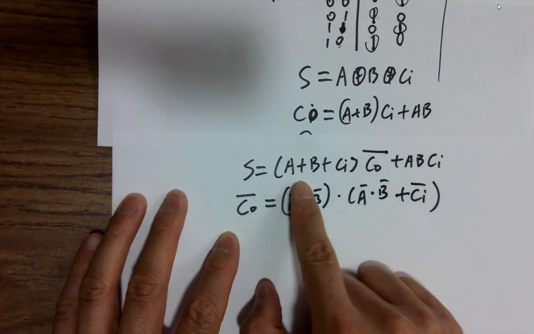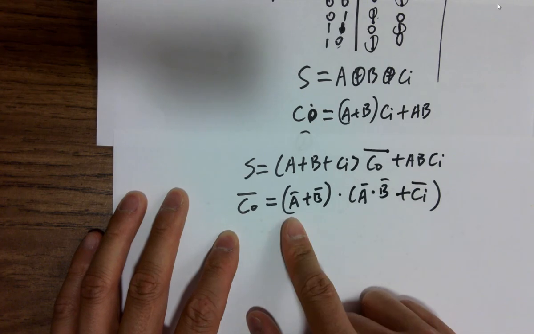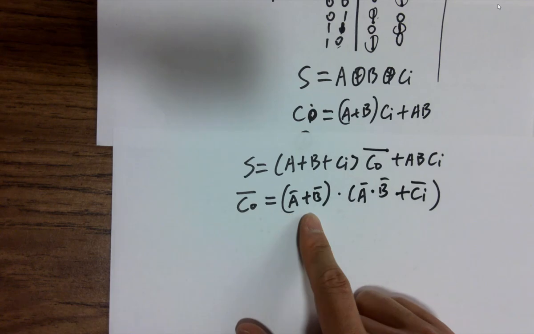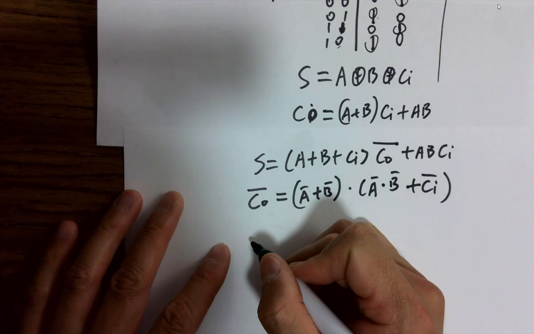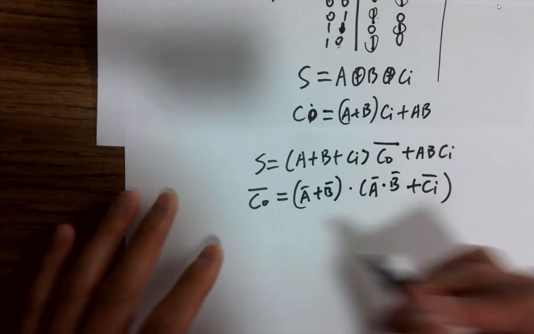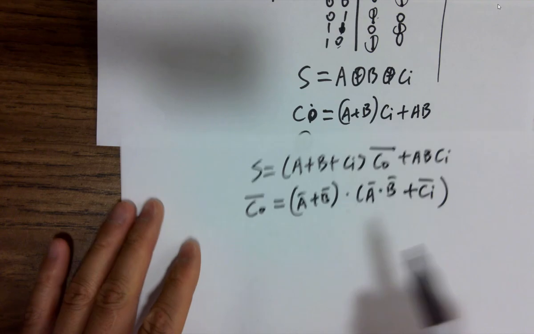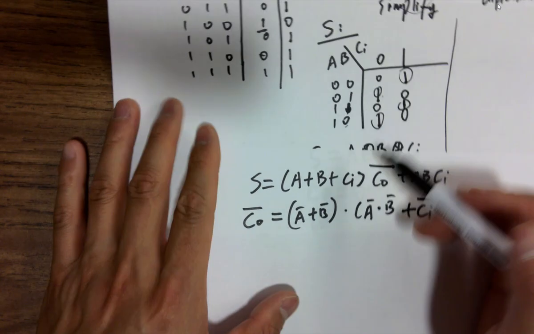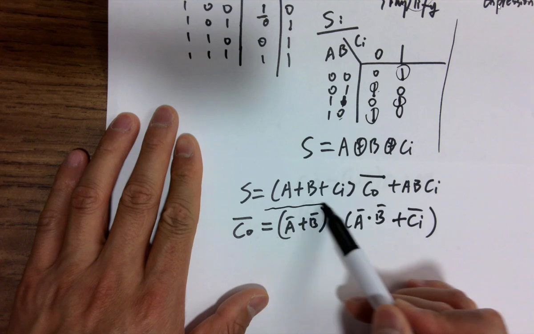Let me double check. So then what is CO not though? I feel that because this one has all the extra logic, it makes sense to convert it to this format, right?